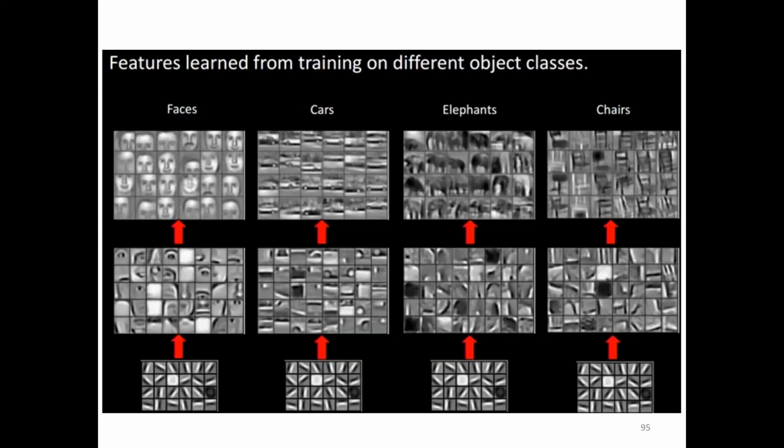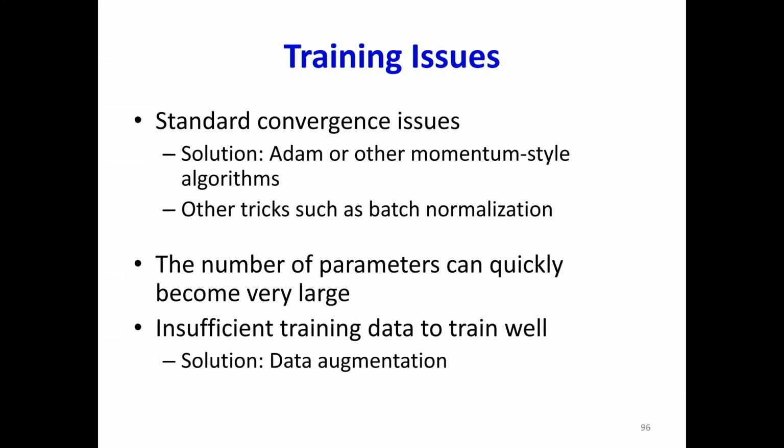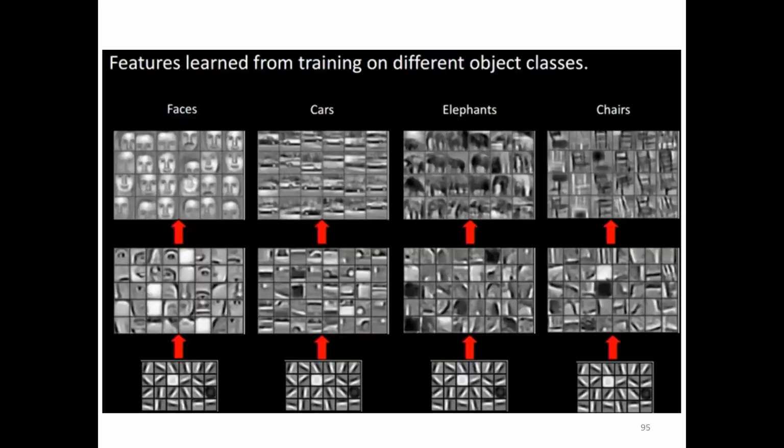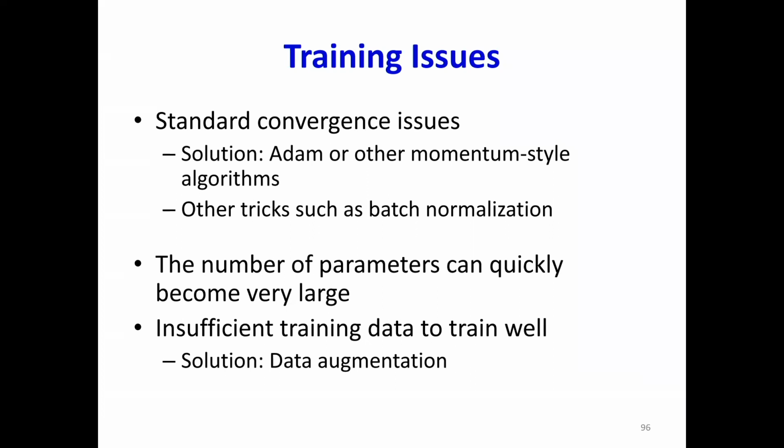And so also for elephants. You can see how, as you go up, these receptive fields respond to more and more complex organizations of the input. Same thing with chairs.